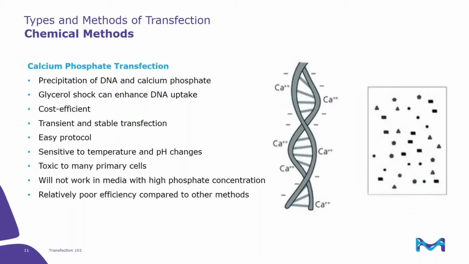While this technique is cost-efficient and can be used for transient or stable transfections in a wide range of cells, relatively small changes in pH can affect the efficiency of transformation. In addition, it is essential to maintain reagent consistency for reproducing the assay results. This transfection method does not work in RPMI or other media with high phosphate concentrations.